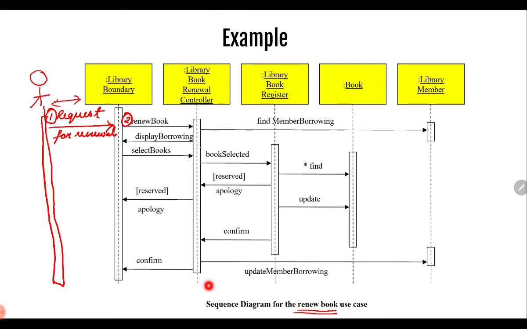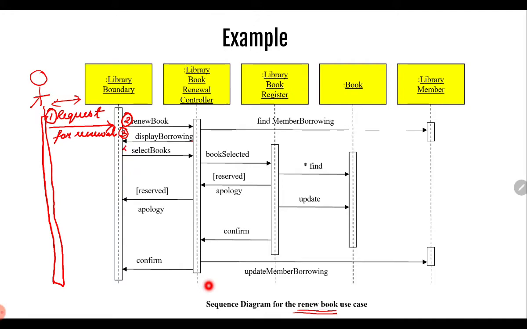Once the library book renewal controller object receives this message, it will display to the user the books that he has already borrowed from the library.